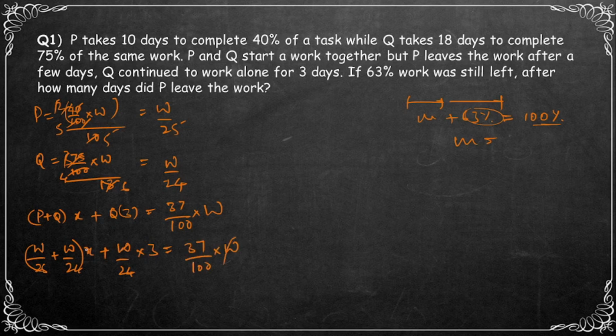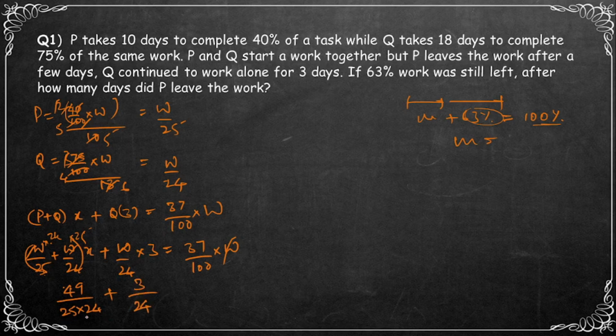So work W is common on both sides, we cancel that. Now here we have 25 and 24, whose LCM will be the multiplication. So we will multiply by 24 for this fraction and by 25 for this fraction. So we have 24 plus 25, which is 49 in the numerator, 25 into 24 in the denominator, plus 3 by 24.